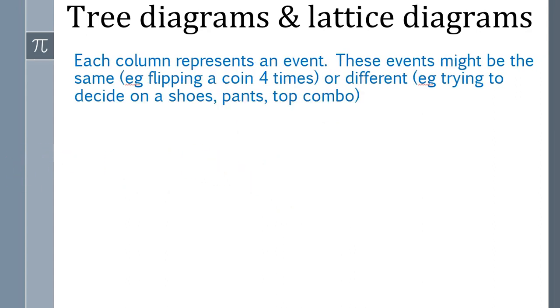I just said each column represents an event, and those events might be the same. For example, if we toss a coin, we've got heads and tails, and we want to toss it 4 times.